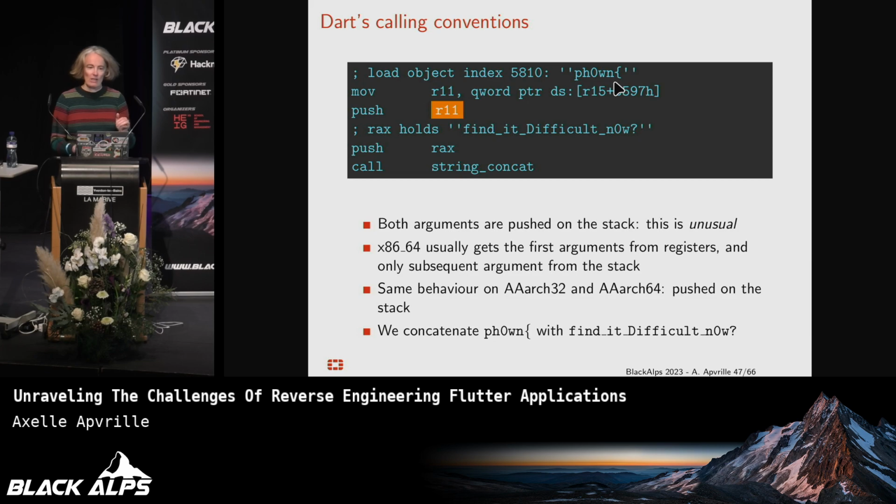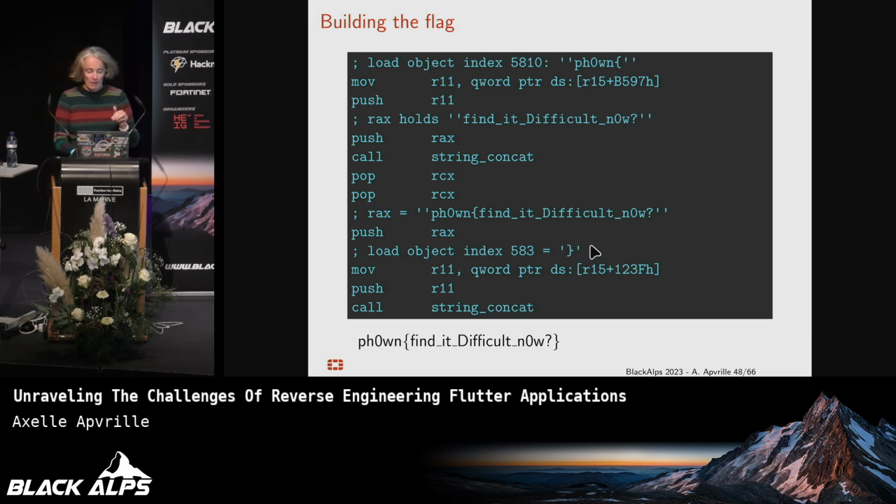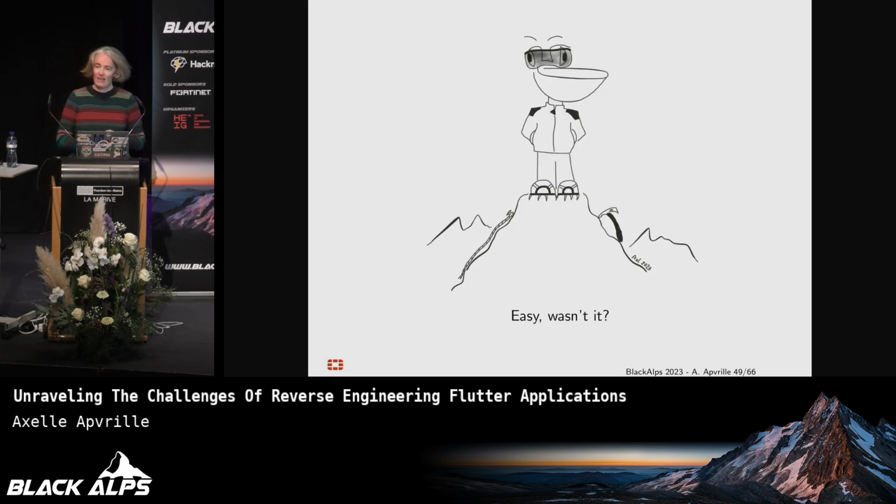So this is going to be concatenated at the beginning of the string, then "find it difficult now", and then the last one is the closing bracket, and you get your full flag. Easy, wasn't it? Okay. So congratulations, you solved stage 3. This is good.